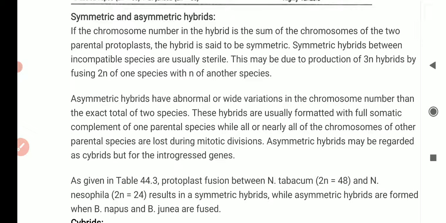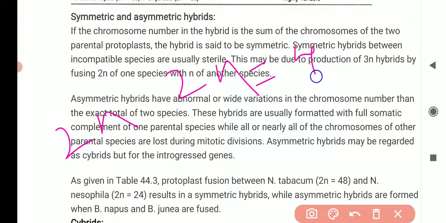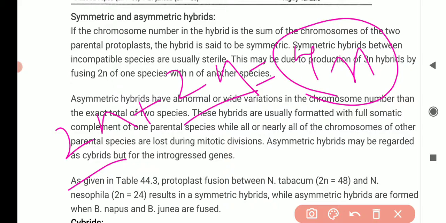So what are symmetric and asymmetric hybrids? If the chromosome number in the hybrid is the sum of the chromosomes of the two parental protoplasts, the hybrid is said to be symmetric. So if 2n plus 2n gives you 4n, the sum of the parents is equal to the chromosome number of the hybrid, so that is symmetric.